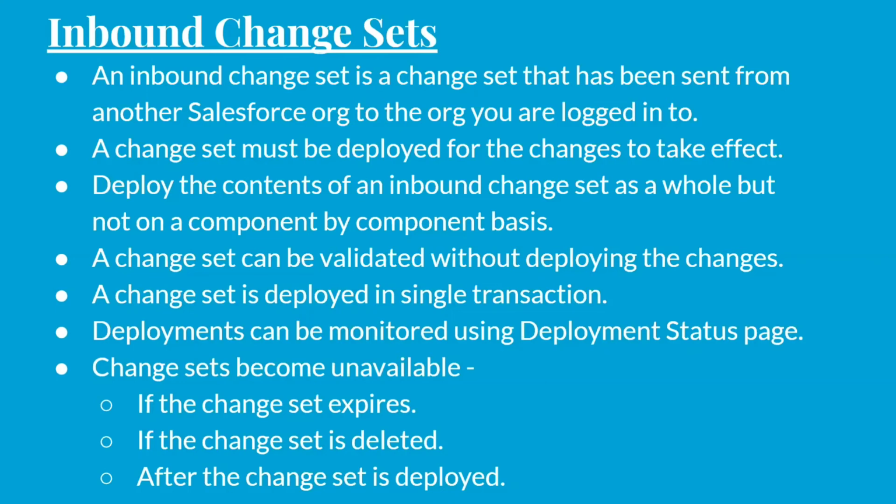If it expires after some time, you will not be able to access that particular change set. If the change set is deleted, obviously you will not be able to access it. And once the change set is deployed, it is gone because it is already deployed. You cannot roll it back. So these are the times when your change sets become unavailable.